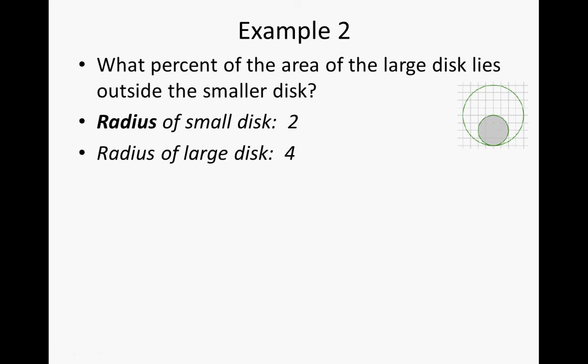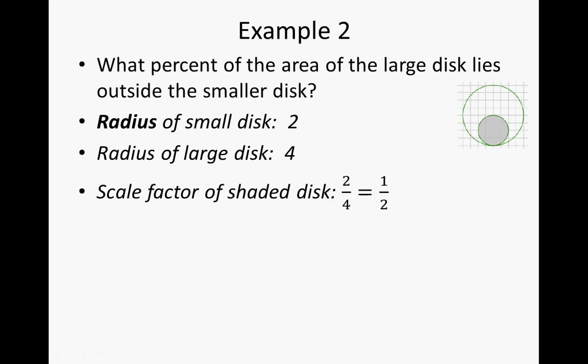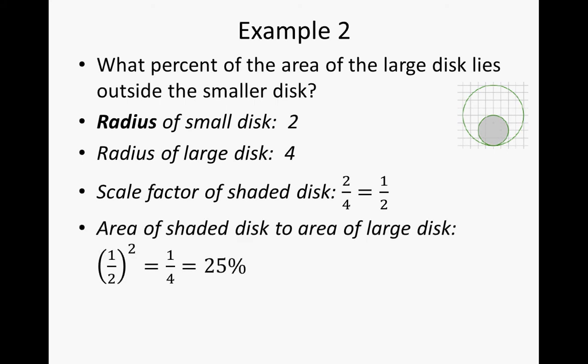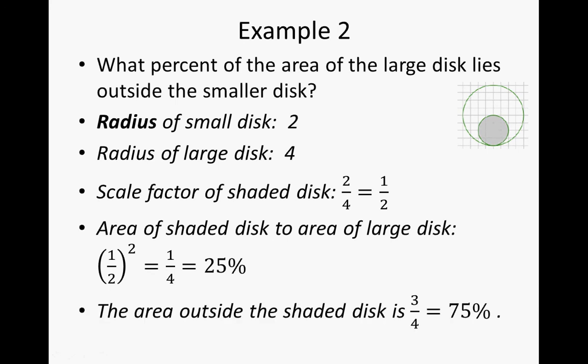Going from large to small, it would be 1/2. So if this is 1/2 of the larger disk, that means it is 1/2 squared, or 1/4, which is 25%. So the area outside the shaded disk is 3/4, or 75%.